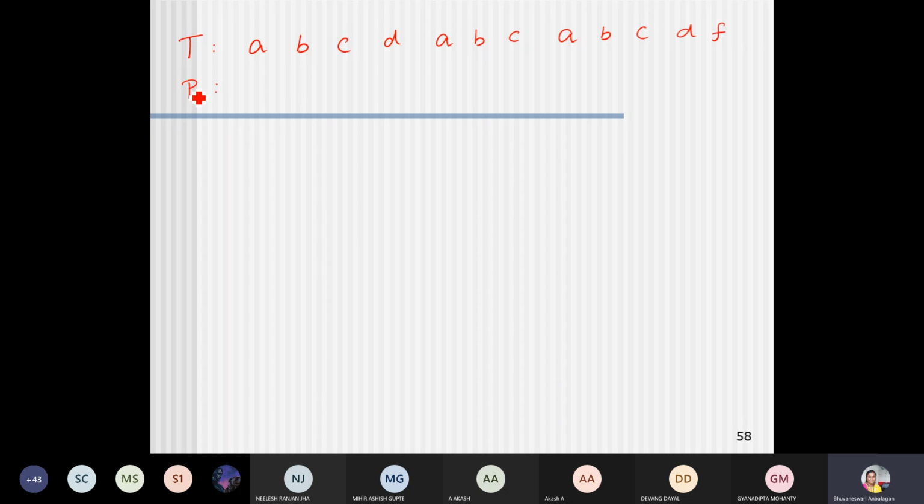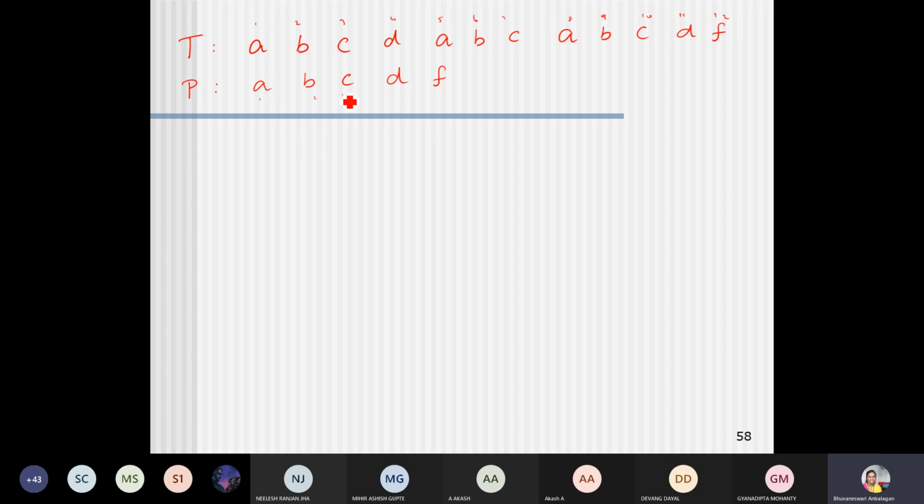Now the searching pattern, P, means the pattern which I am trying to search, is A, B, C, D, F. Let me give some numbering 2, 3, 4, 5, 6, 7, 8, 9, 10, 11, 12.